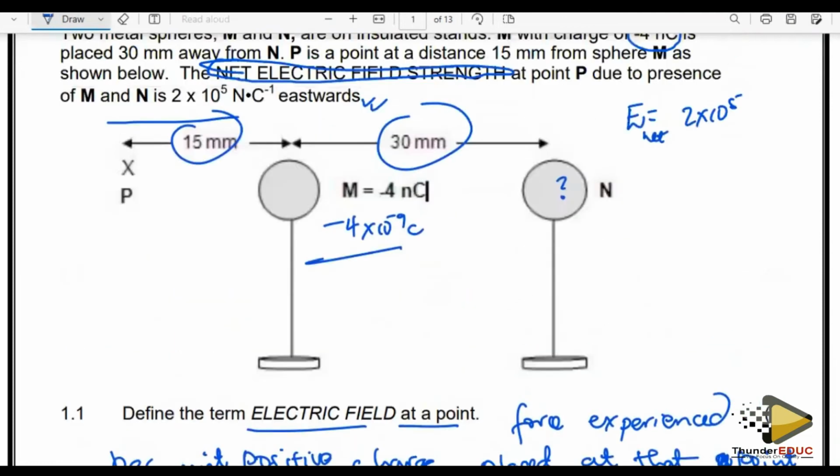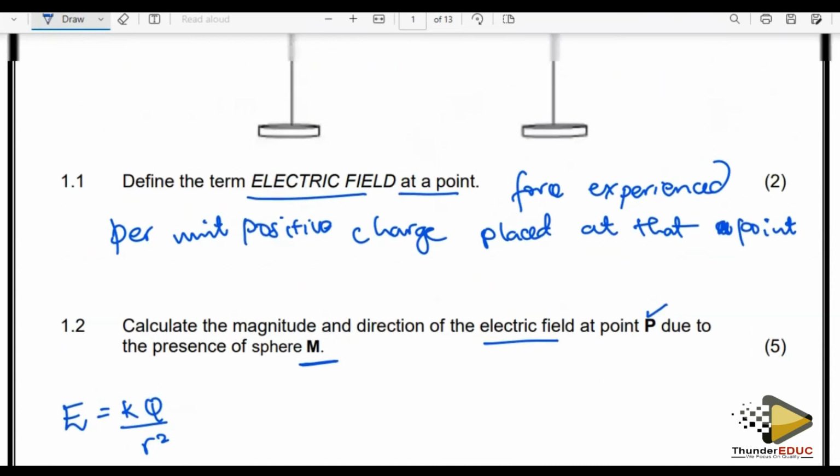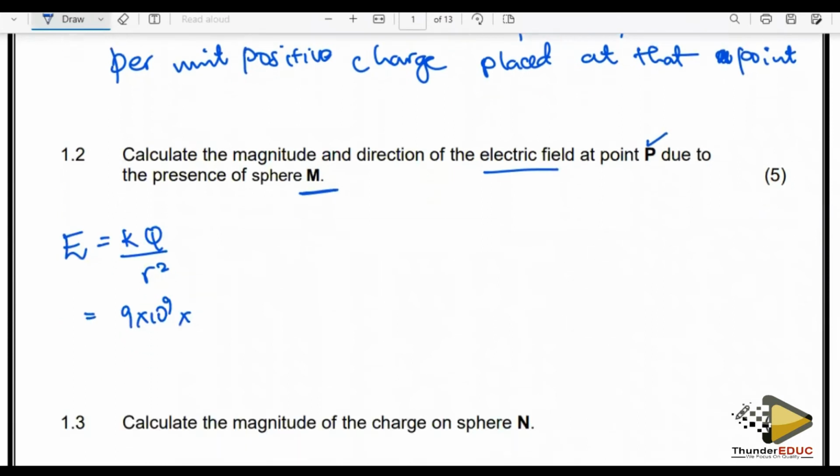as a result of M. So from our formula, we said E is equal to KQ over R squared. We know that K is 9 times 10 to the 9. Charge, we said it was negative 4, but we don't need the negative sign, just magnitude, that is 4 times 10 to the negative 9.